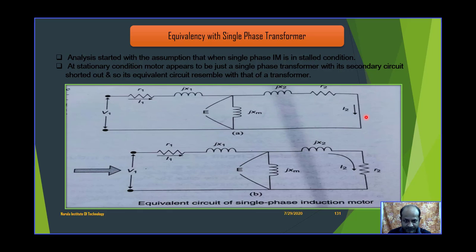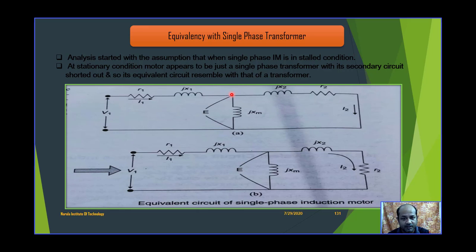But one thing we should see in this equivalent circuit is that whenever we studied the equivalent circuit of a single phase transformer in short circuit condition, we saw that there is no shunt branch parameter.